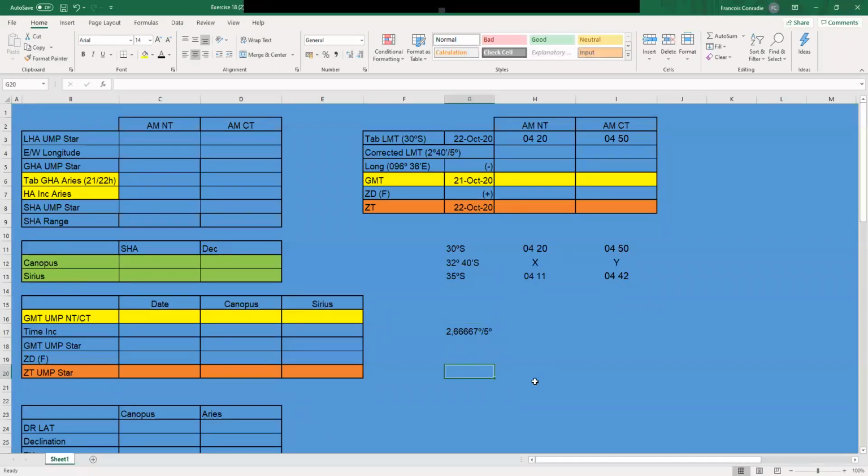Do you agree? So if you take 2 degrees 40 out of a total 5, it's going to give you this fraction. And that fraction is equal to 0.53333, like this.